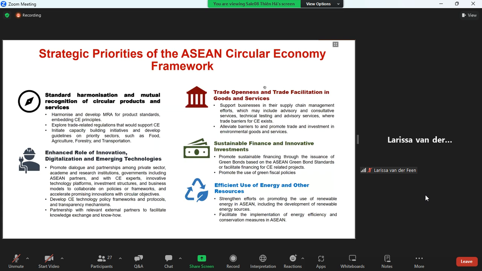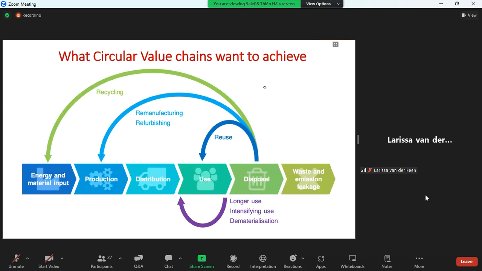Of course, we already discussed a lot about the value chain as a circular value chain. From the beginning of the energy and material inputs, we move on to the production phase of the parts and final components, then the distribution phase and the use phase by consumers, and then disposal.